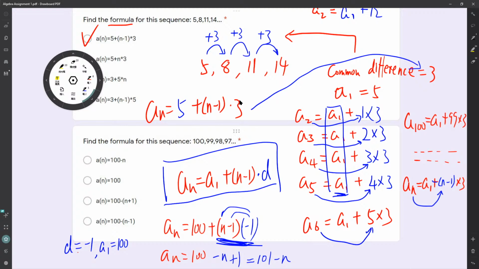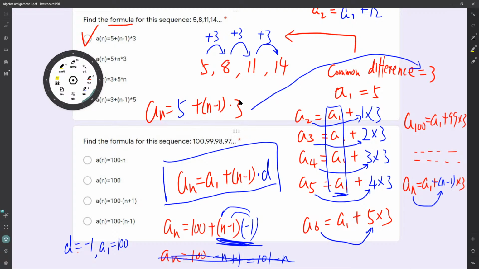Let's look at the options. The option doesn't even ask us to do the simplification. So you can see here, 100 minus 1 times n subtract 1. The question doesn't actually ask us to do the last step, but I want you to see that if we simplify, it's going to look like this.